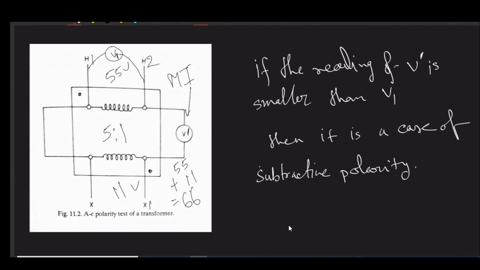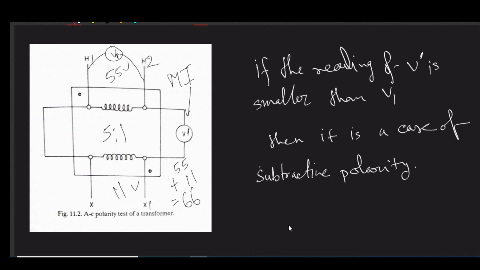If the V dash reading, connected between the high voltage and low voltage side, is greater than the V1 reading, where V1 measures the voltage across the high voltage side, then we can consider this a case of additive polarity, and if V1 is greater than V dash, then we can consider it a case of subtractive polarity.